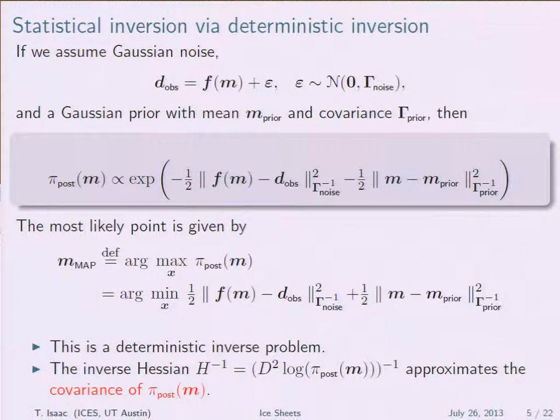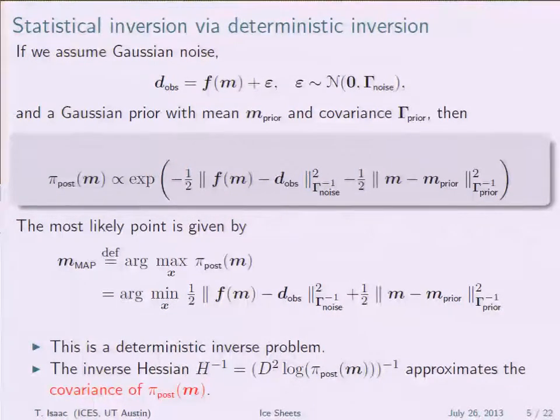And we like that because if we try to define the most likely point of the posterior distribution, that choice of the parameters is also the point that minimizes the term inside, or the negative of that term inside, the exponential. So this lets us get from very large intractable statistical inversion to deterministic inversion.